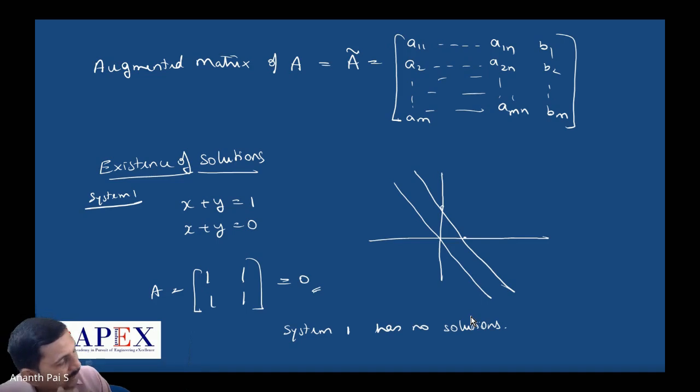Linearly independent means if I multiply this, I get a linearly dependent one. For example, 2x plus 2y is equal to 2, and x plus y is equal to 1. These are linearly dependent things. These are linearly independent, no doubt, but then these have no solutions.